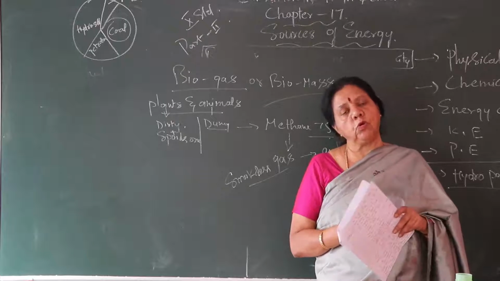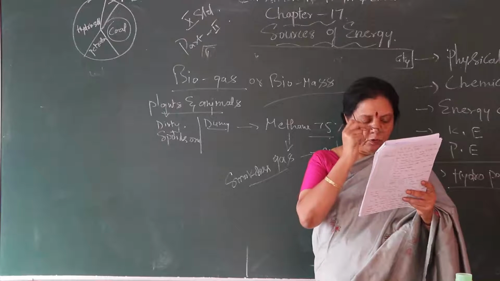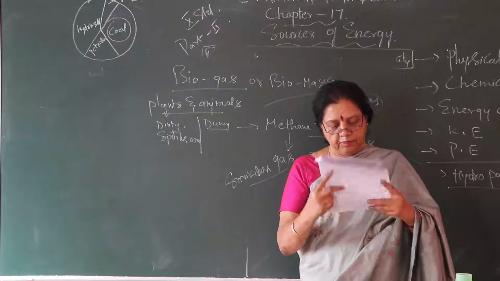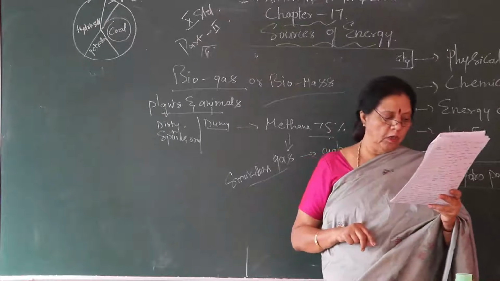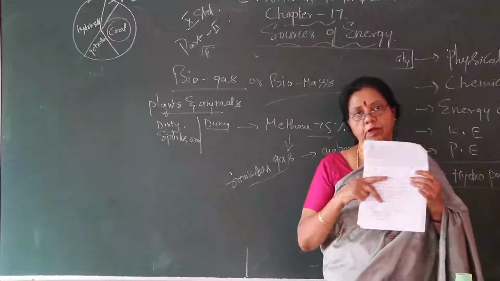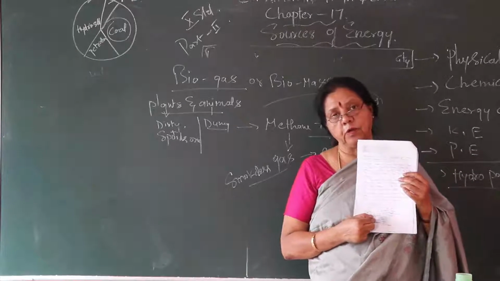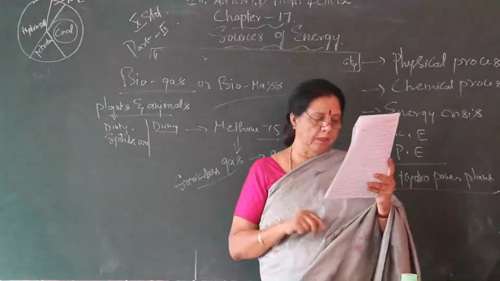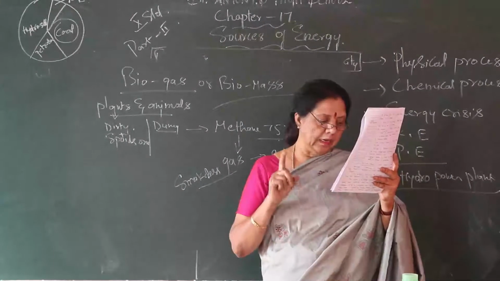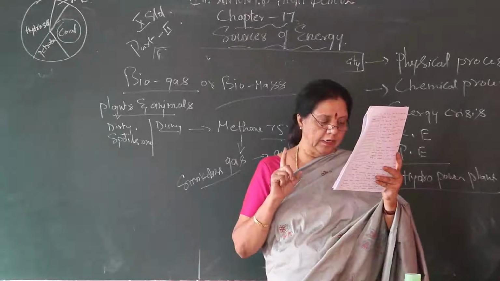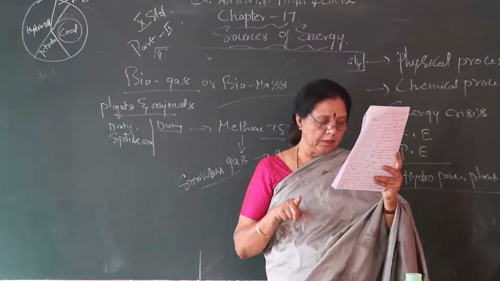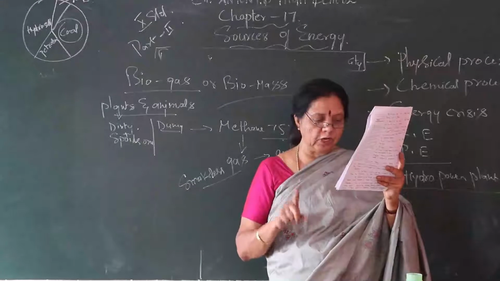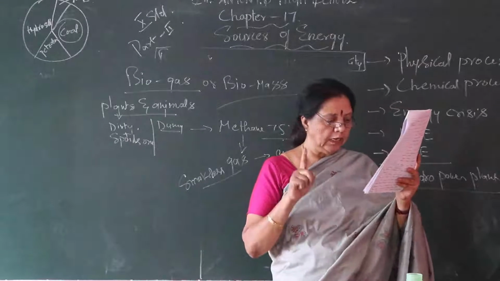Okay. So you go through your textbook, you will come to know the figure, figure number 14.4. The diagram they have given very neatly shows how to produce gobar gas. In your textbook, the parts are labelled: slurry, soil, gas, steam, outlet, digester, fertilizer, manure, gas outlet.